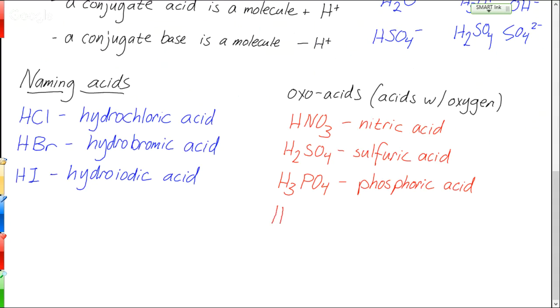And then the actual acid that gives carbonated beverages their carbonation is this one. Anybody know what that one's called? Close. Remember that the ones with oxygen don't get the hydro at the beginning. So it's carbonic acid.